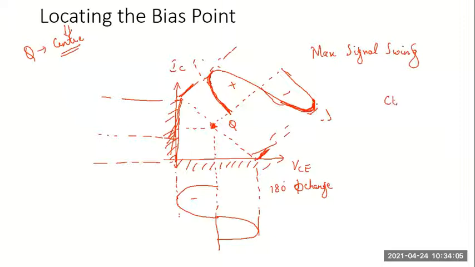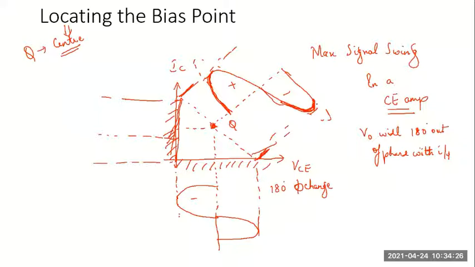This happens only in common emitter amplifier. Please remember this. In a CE amplifier, output will be 180-degree out of phase with input. It will be 180-degree out of phase with input.